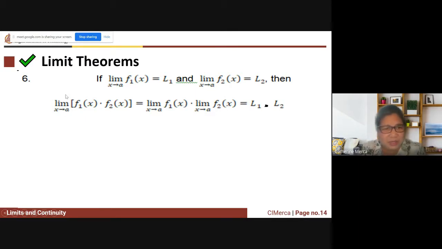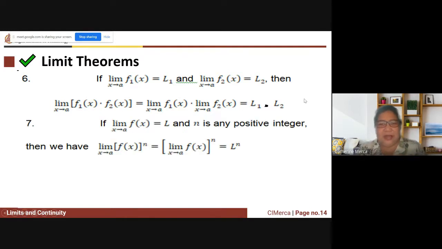So, notice na i-distribute lang diri ang limit, di ba? Basta the same ha, x approaches a lang silang pareho. Kaya kung lahi po ng value dili na siya ma-apply.